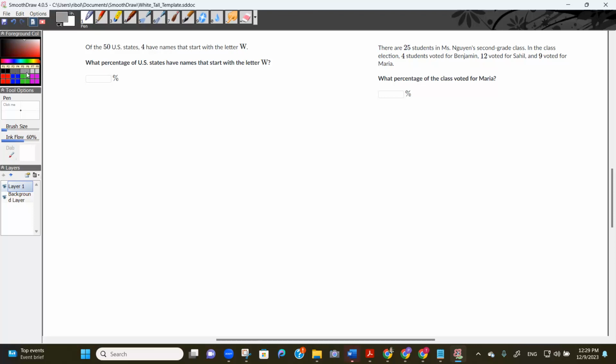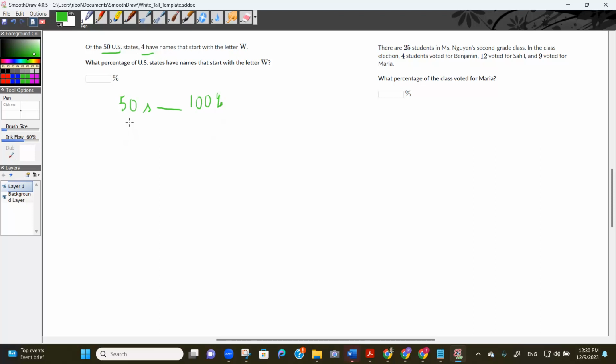And let's read and try to do this one, okay? So let's see if we can do this one. We say, of the 50 US states, 4 have names that start with a W. And then it's asking, what percentage of US states have names that start with a W? So the 50 states, clearly that represents 100%.